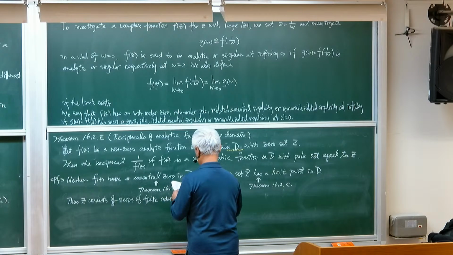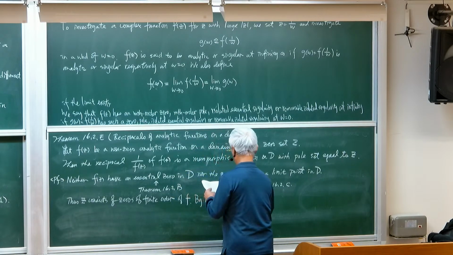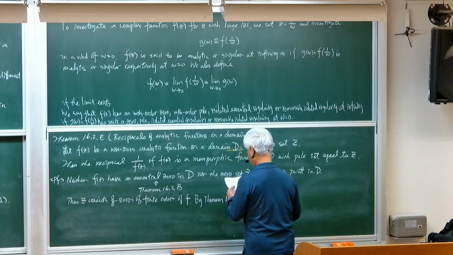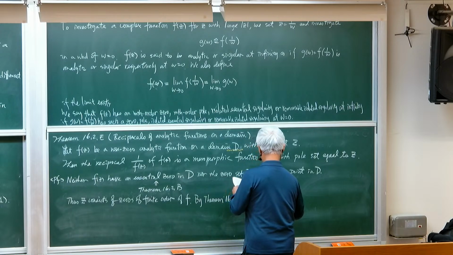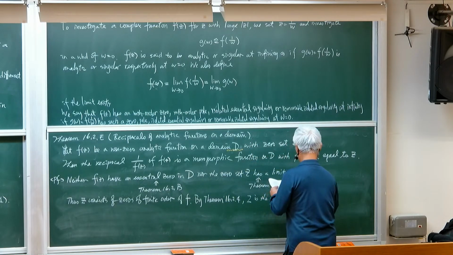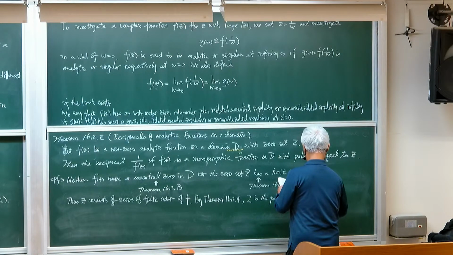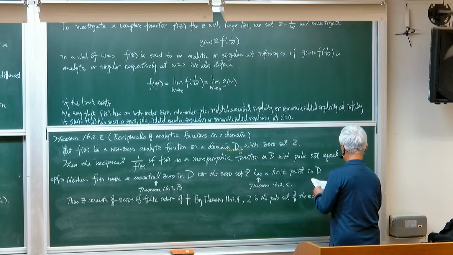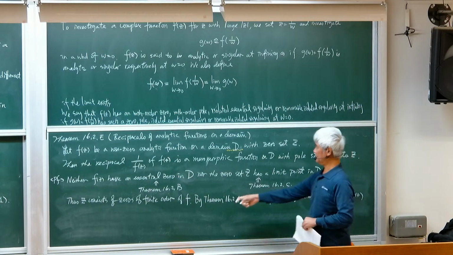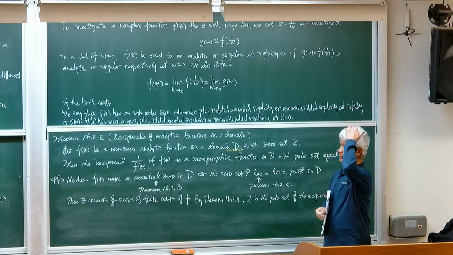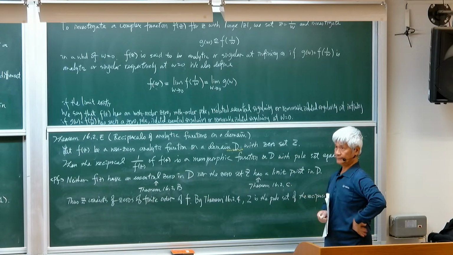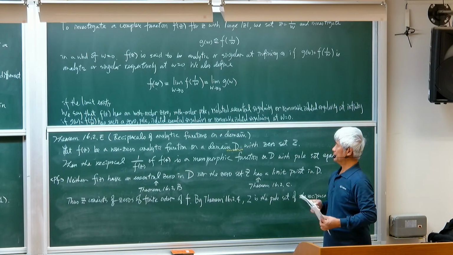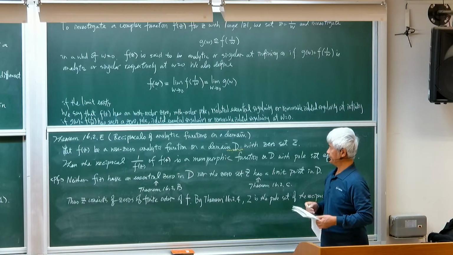And by theorem 16.2.4, Z is the pole set of the reciprocal 1 over f(z), because in that theorem we turn a zero of order m into a pole of order m.